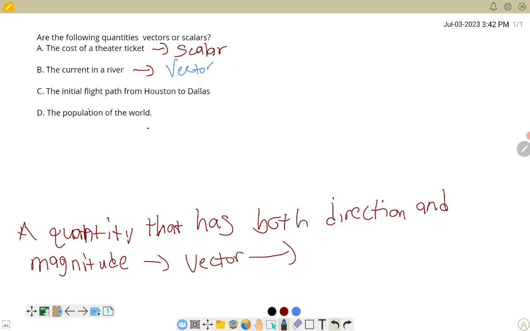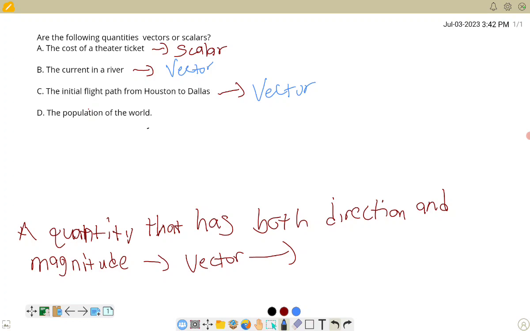How about this one? The initial flight path from Houston to Dallas. Well, again, this is going to be a vector quantity, because for the initial flight path from Houston to Dallas, there's a path that we have to follow when we're flying, which implies a particular direction that you have to fly in.